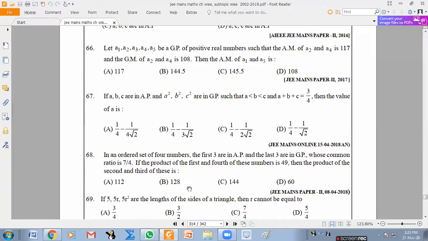So we can find what is A2 and what is A4, and with that, we can find the other terms of GP. And then we can do it.